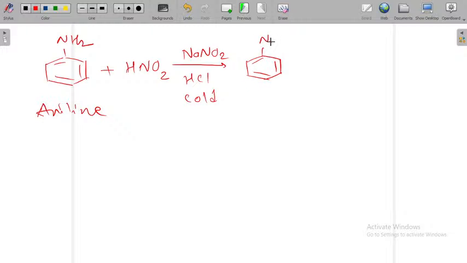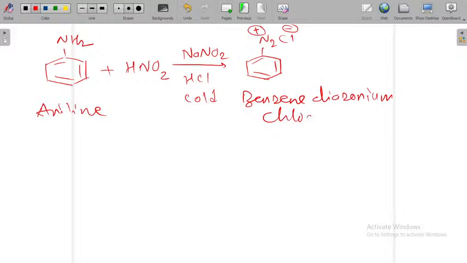So this is N2 plus Cl minus, benzene diazonium chloride. In this reaction we get the byproduct HCl.